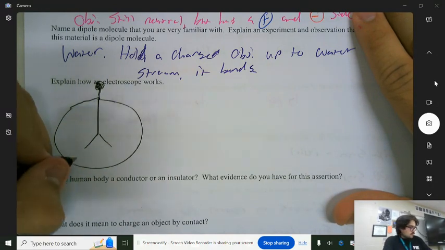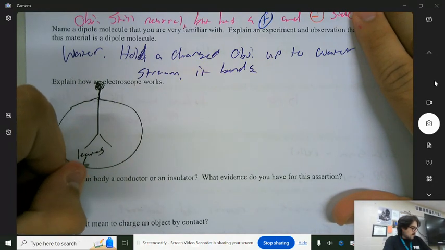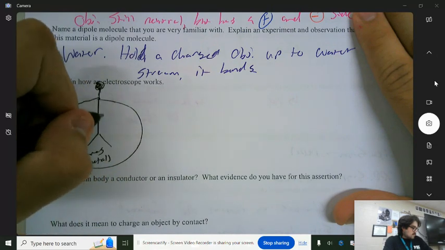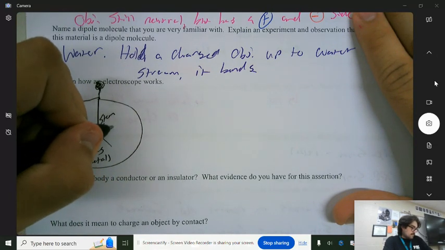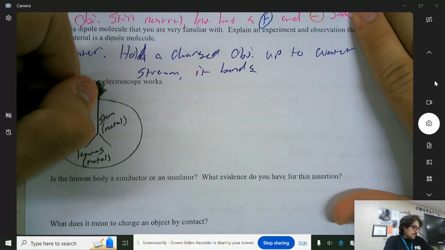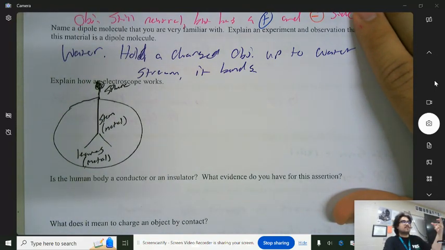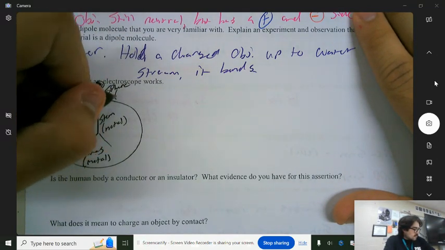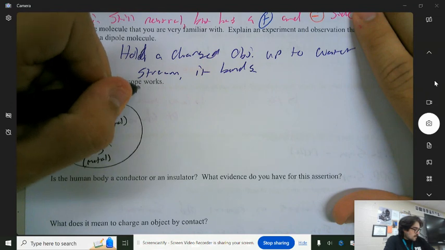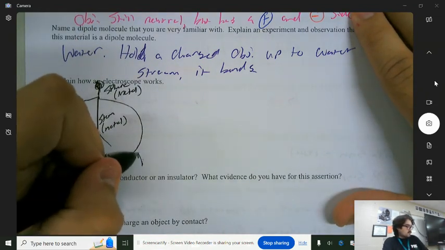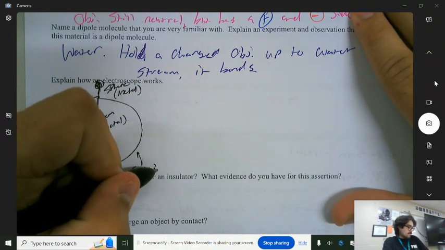The leaves are made of metal, and the stem is also made of metal. The sphere doesn't have to be a sphere; it can be a circle or something, just something that can sense the force. The sphere is metal as well. The container is not necessarily metal; in fact, it shouldn't be.